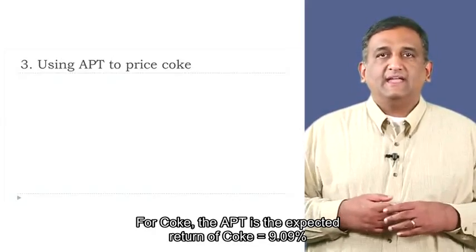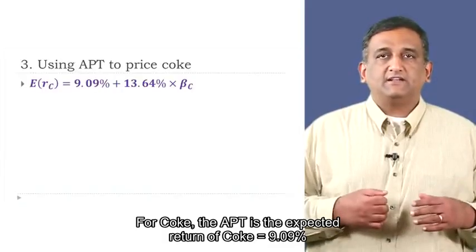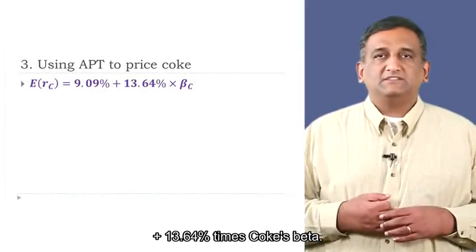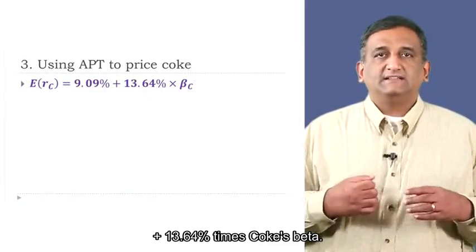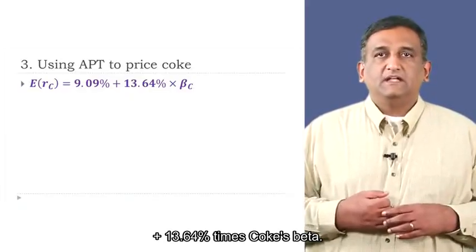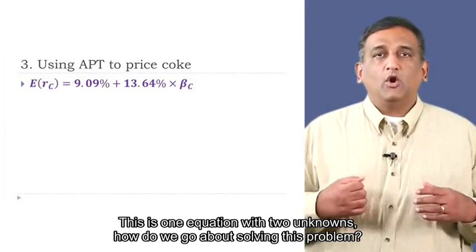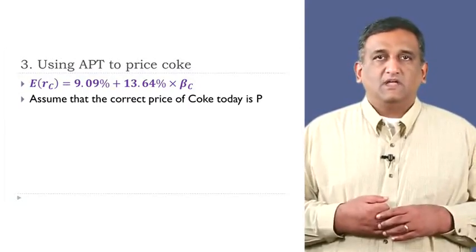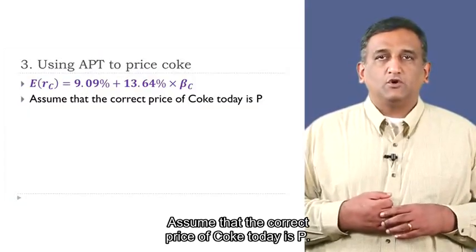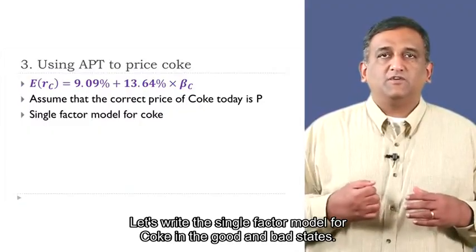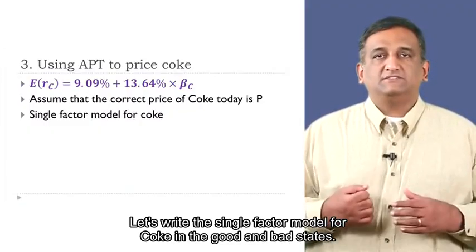For Coke, the APT is the expected return of Coke equals 9.09% plus 13.64% times Coke's beta. This is one equation with two unknowns. How do we go about solving this problem? Assume that the correct price of Coke today is P. Let's write the single factor model for Coke in the good and bad states.